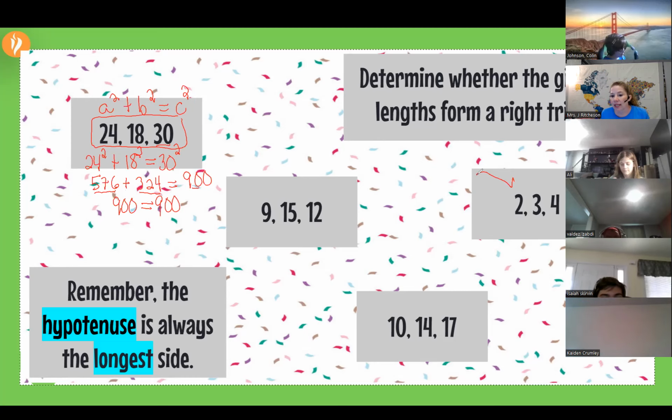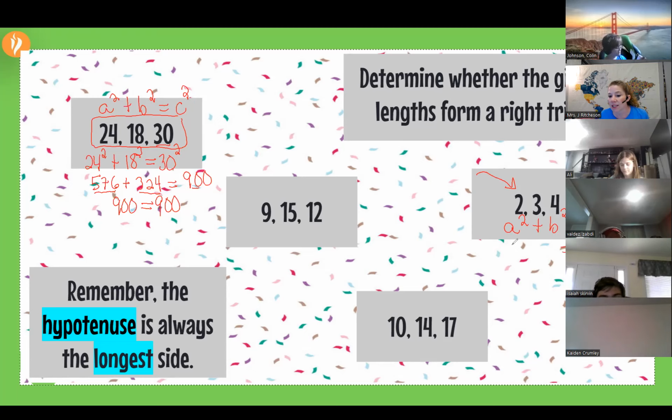However, if we took a 2-inch straw, a 3-inch straw, and a 4-inch straw, and put them together, when the corners touched each other, it would make a triangle, but it would not make a right triangle, because right triangles will follow this pattern every time. Our biggest number is 4, so C must be 4.